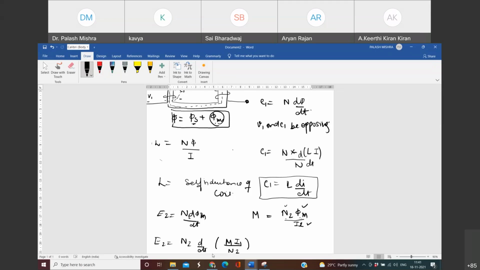This reduces to M times di1 by dt, which equals N2 d phi m by dt. Is this clear or not?